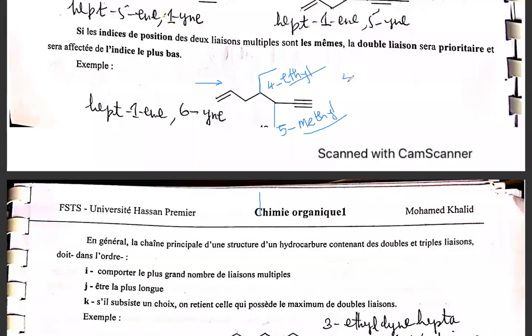It is this 4-ethyl, then 5-methyl. Is that okay? This will be the nomenclature of this compound.